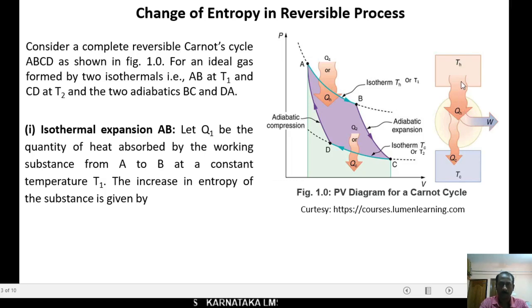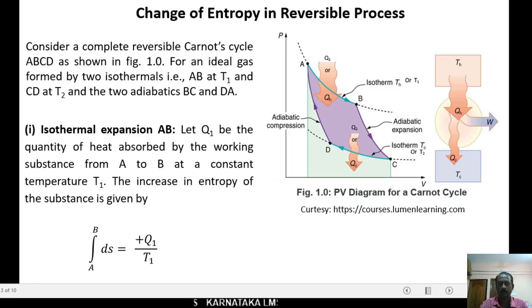Let Q1 is the quantity of heat absorbed by the working substance here from A to B at constant temperature T1. Then the increase in entropy of the substance is given by the formula. Here for entropy, dS is equal to Q by T, or integration of dS.